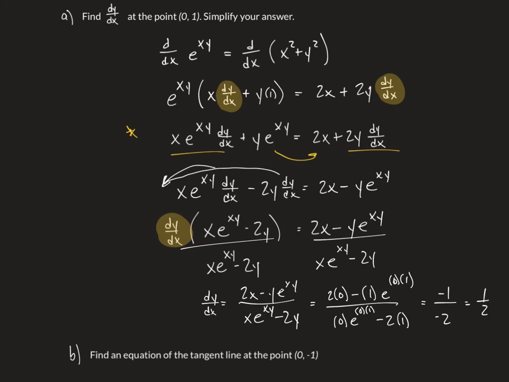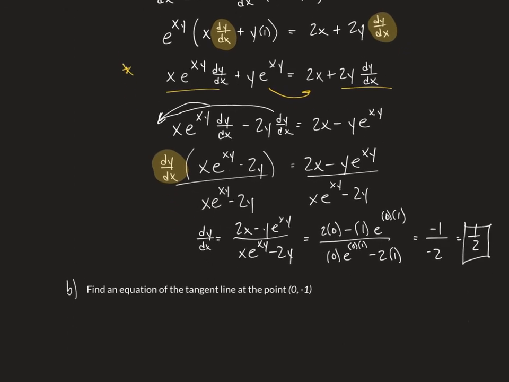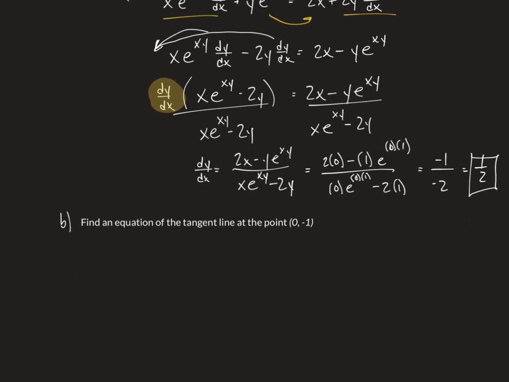In other words, that's the slope of any tangent line that exists at that point on the curve that we were given. So part B asks for the equation of the tangent line at the point 0, negative 1. So they're changing the point up on us, and now we want a whole equation. One thing I know about this final equation is that it's going to say y minus negative 1 equals something, that's going to be our slope, times x minus 0.